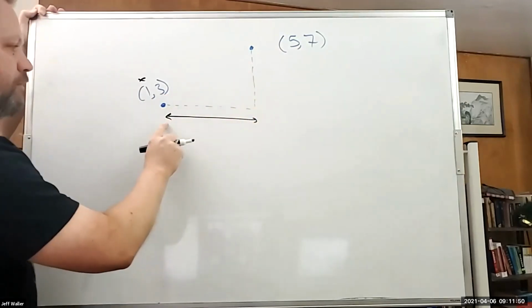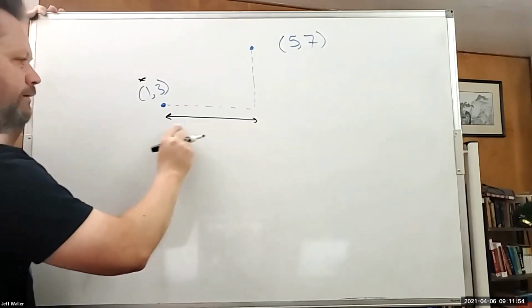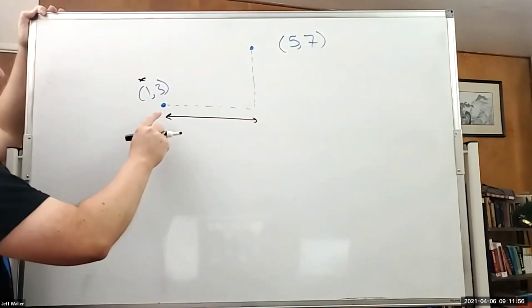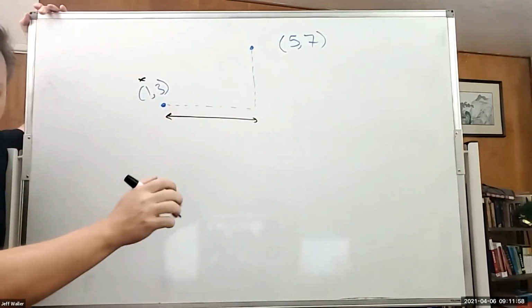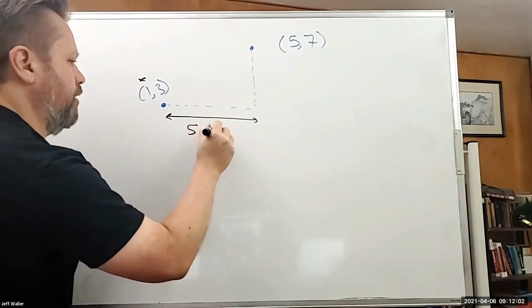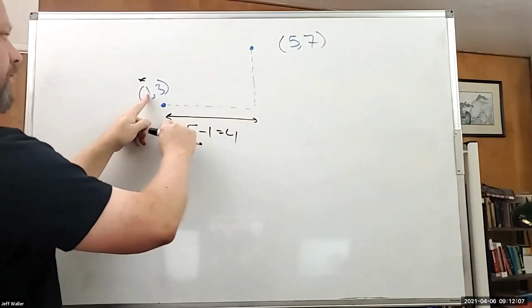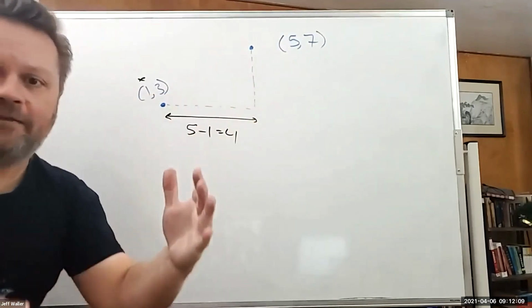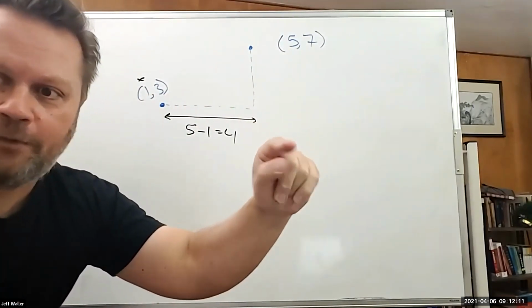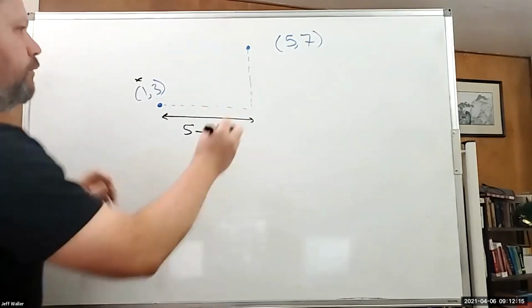So how long is this? 4. All right. Is everybody with me? So this is 5, this is 1. So 5 minus 1, it's 4. It was at 1, and now it's at 5. So obviously it went over 4.